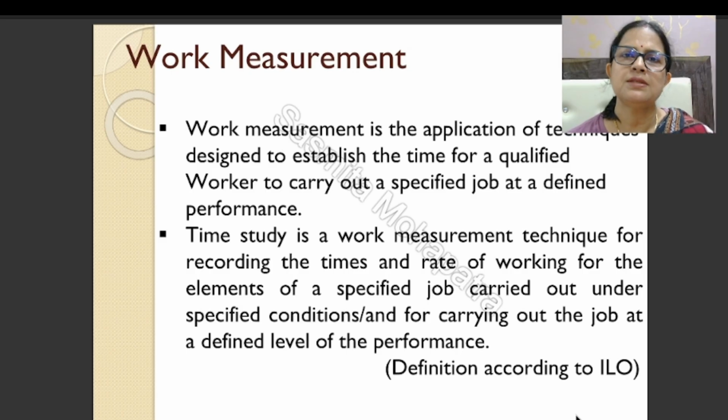So we can fix that time when that tailor is performing his job at a normal rate or normal speed. That person is taking 1 hour. So we can define that time for stitching a shirt as 1 hour.